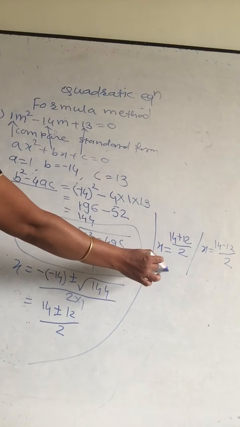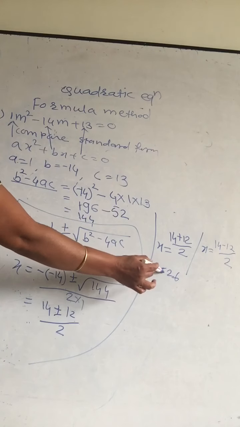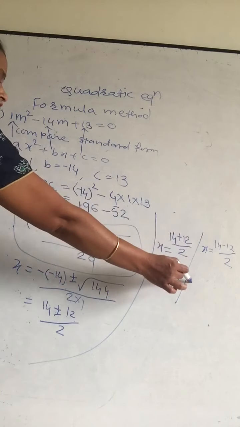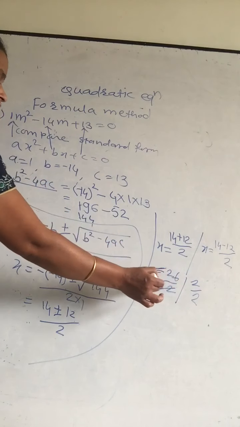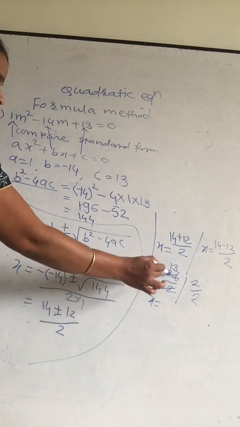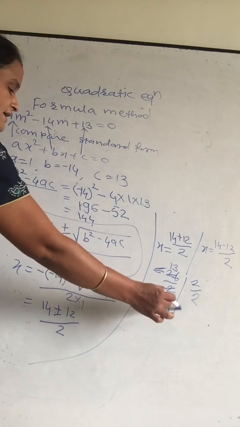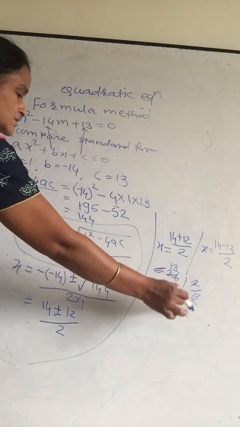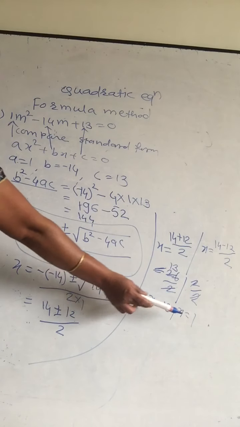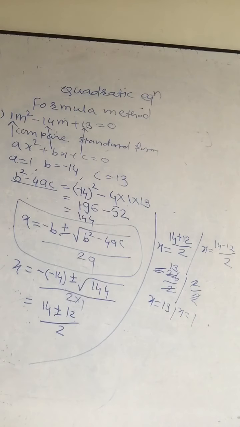14 plus 12 is 26, divided by 2. 14 minus 12 is 2, divided by 2. Here 26 by 2 is 13, and here x is equal to 2 by 2, which is 1. So the roots of this quadratic equation are 13 and 1. There are always two roots of a quadratic equation. One is 13, one is 1.